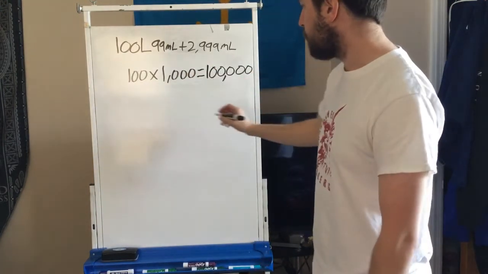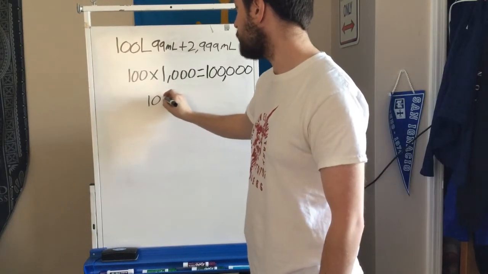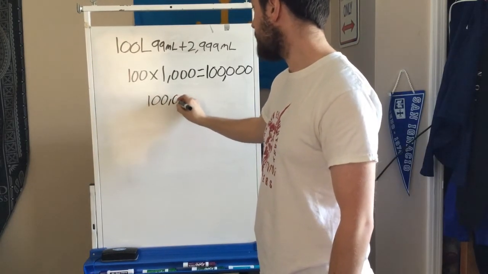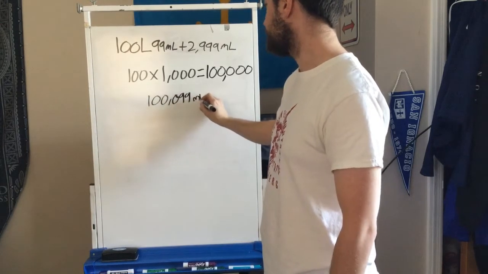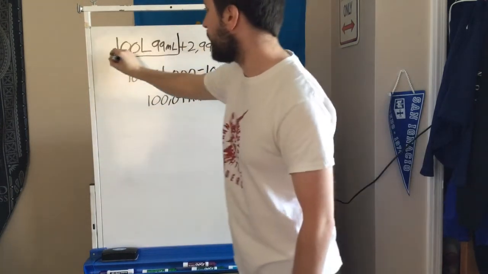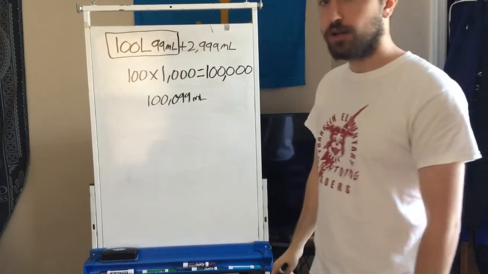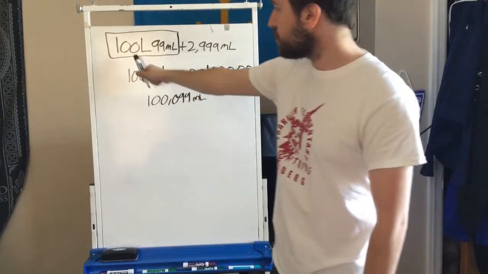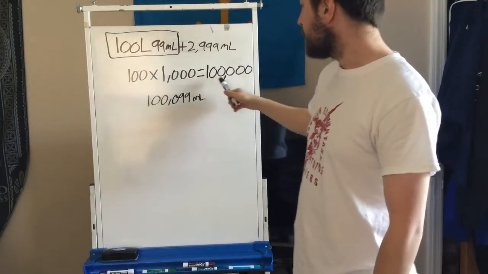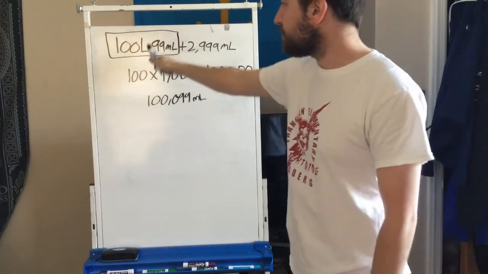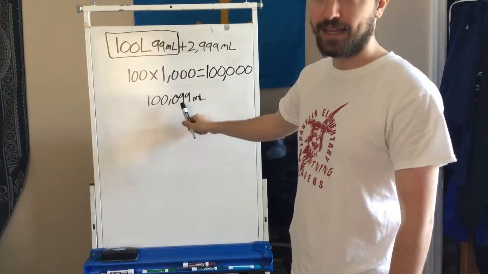So now I know I have 100,099. Mr. S, where's that 99 coming from? Great question. This whole thing is one number. We took this 100,000 or 100 liters and turned it into milliliters, but this piece was still here, so we had to bring it back in.